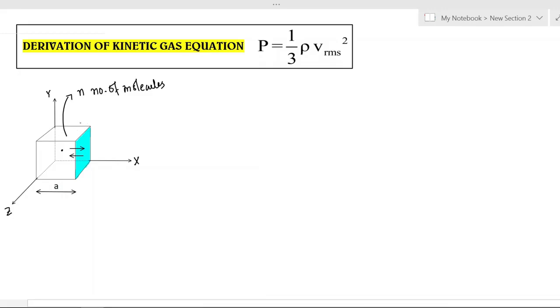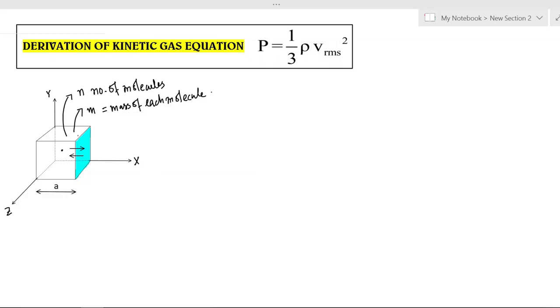This is of course a particular gas, so the mass of each molecule is supposed to be the same. Alright, now just remember the postulate of the kinetic theory of gases, that is, the molecules of a gas are constantly in random motion along straight lines.